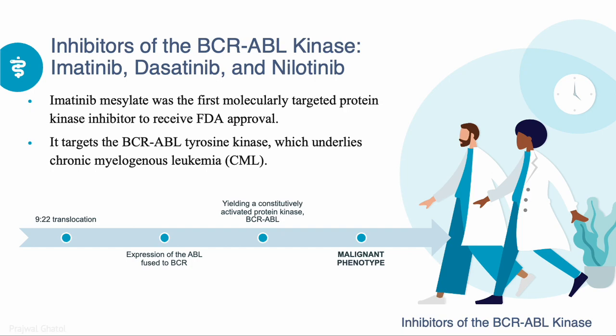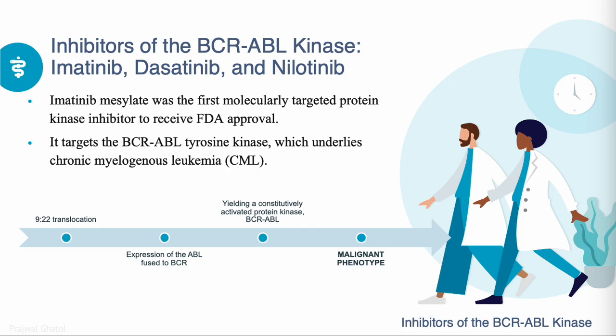So what is BCR-ABL kinase? BCR stands for breakpoint cluster region and ABL stands for Abelson proto-oncogene kinase. So this needs to be inhibited as it leads to a malignant phenotype. Imatinib mesylate was the first molecular targeted protein kinase inhibitor to receive FDA approval.